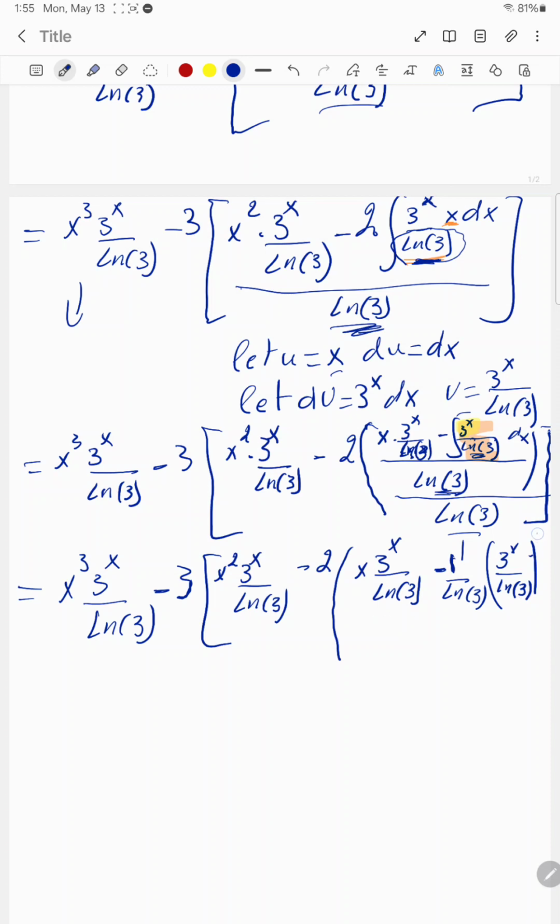And all that divided by ln square of 3. So that's it. You can simplify it more by factoring out ln and whatever, but that would be an acceptable final answer.